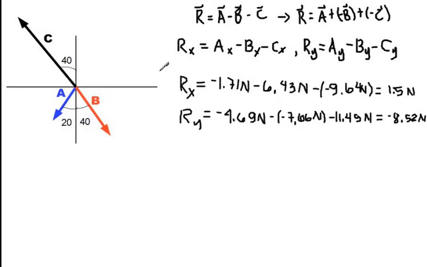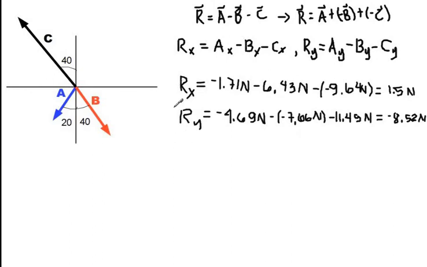Now, una nato value sa Rx ug ang Ry. So, dapat i-follow lang nato ang process. Kung A minus B minus C gali, so ang Rx ug Ry, follow lang sa same nga form. Ax minus Bx minus Cx, ang Ry, Ay minus By minus Cy.